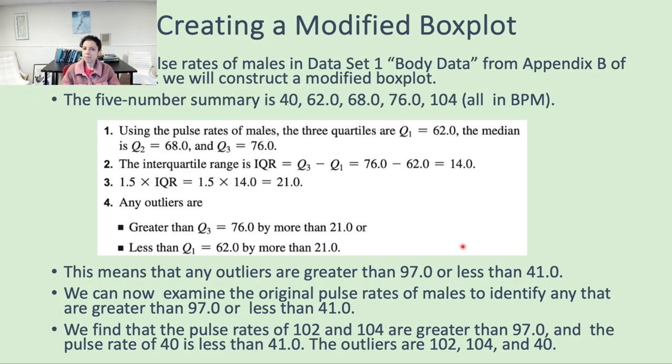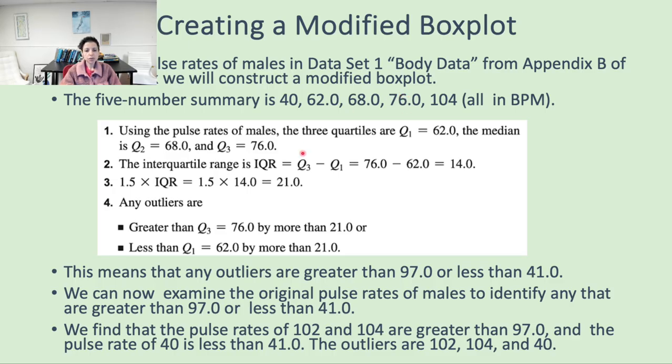So let's create a modified box plot. Okay? And let's use the pulse rate data from that set that we've been using. So our 5-number summary for our pulse rate data is 40, 62, 68, 76, and 104. So the minimum is 40, maximum is 104. First quartile is 62, second quartile is 68, and third quartile is 76.